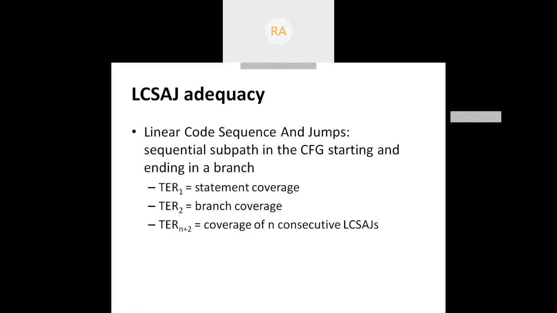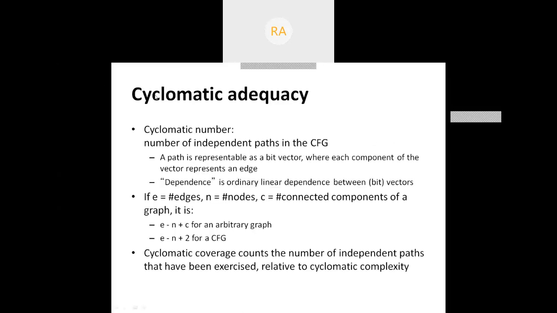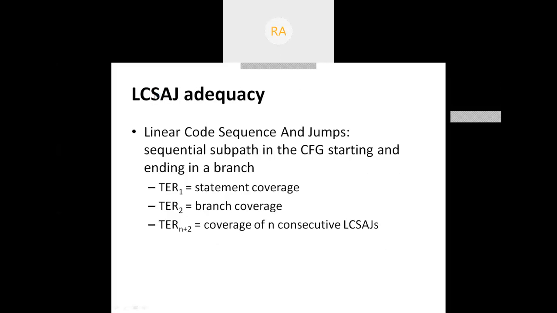What do you mean by LCSAJ? That is linear code sequence and jumps. Just to know this terminology only. As such, there are no numericals based on this particular adequacy. This is about the sequential subpath you are going to consider in the control flow graph, starting and ending in a particular branch.